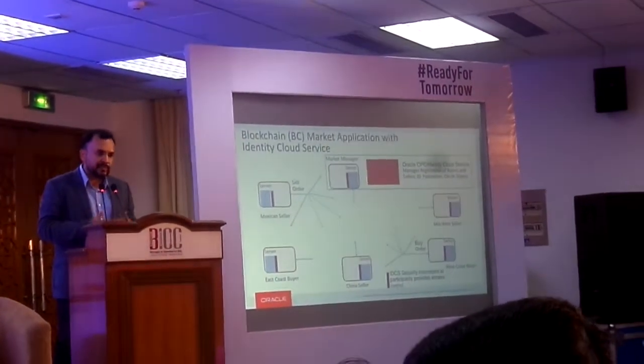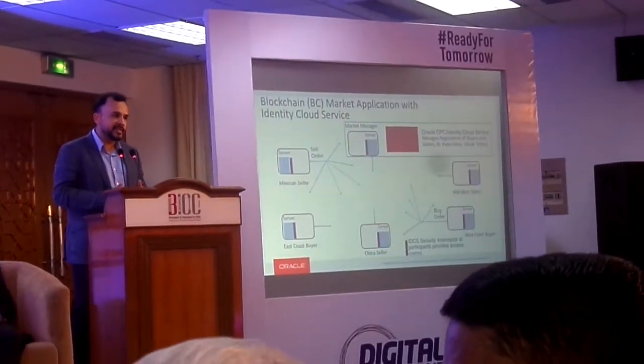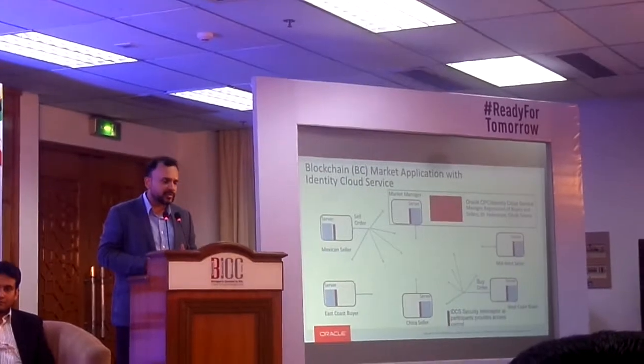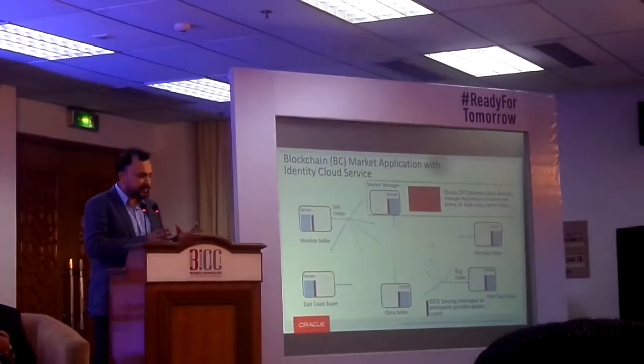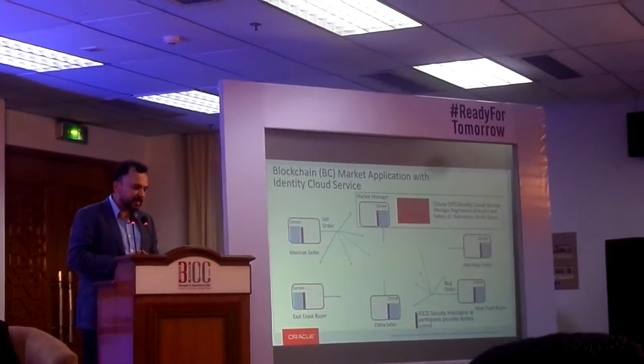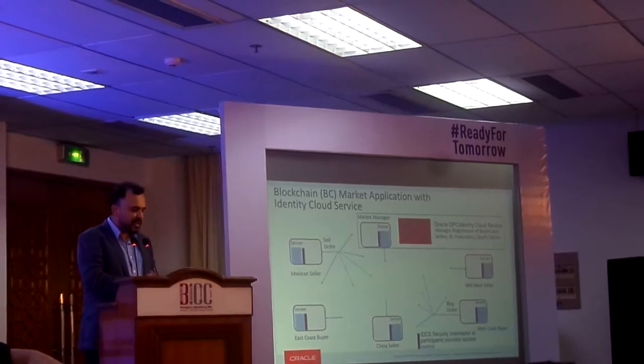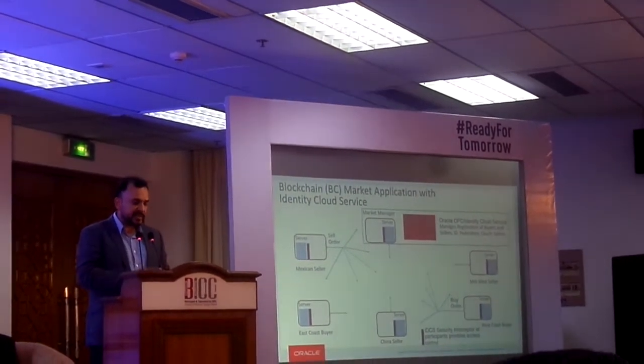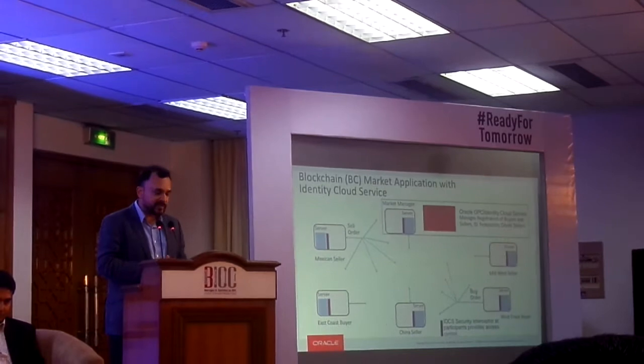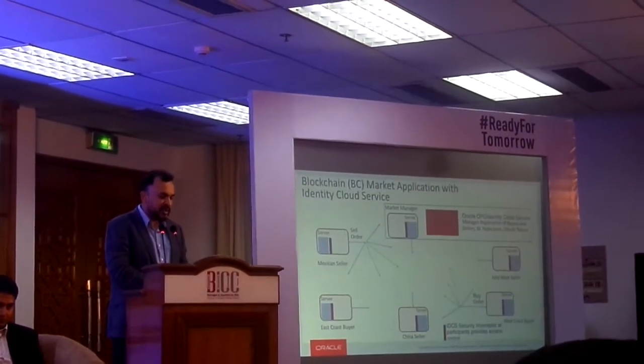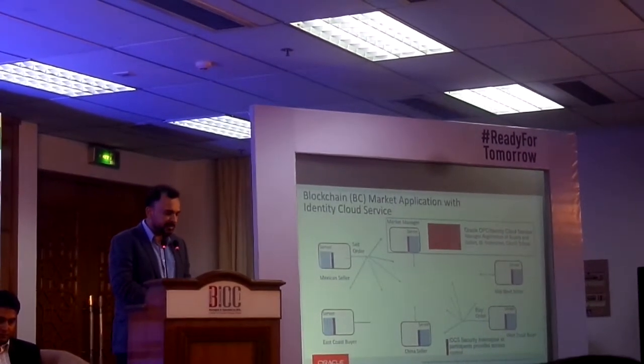So that it provides that additional access control that is needed to verify this. So this is something that becomes part of that market application that extends it, right? So now the buyers, the orders, and the sellers, the market manager has much more visibility and control in terms of being able to look at it end to end.